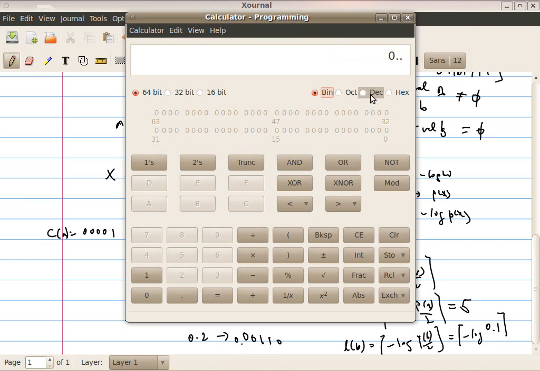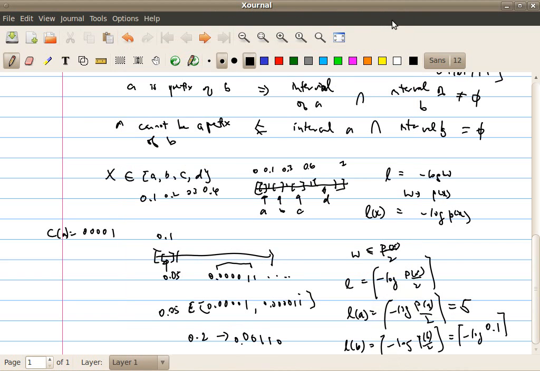I don't have a log here, but I think that's 4. So that should be equal to 4, and therefore the codeword of B will be 0.0011.